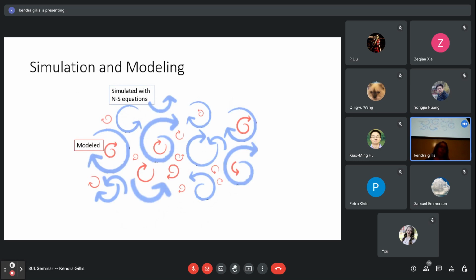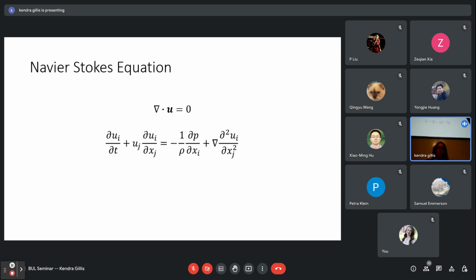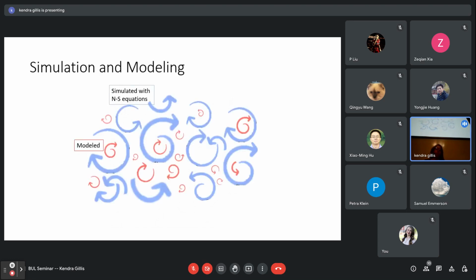But that's not possible because the eddies get so small and everything gets so complicated that modeling every single molecule and every single eddy with these complicated equations would be far too complicated.